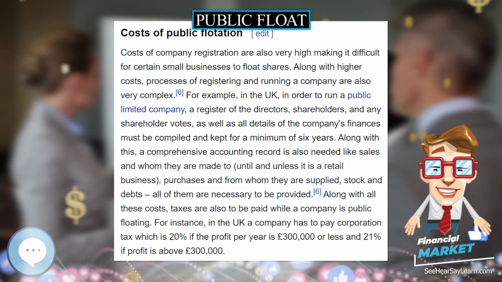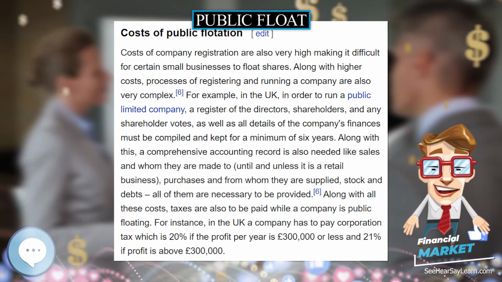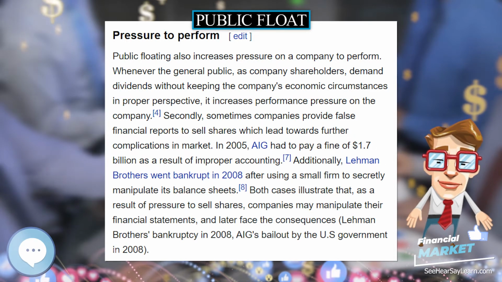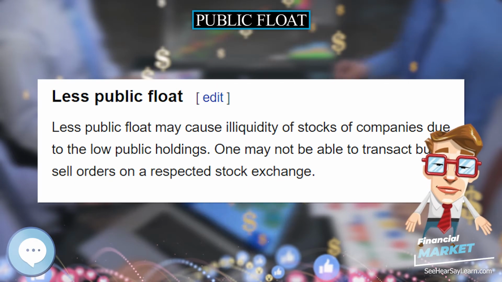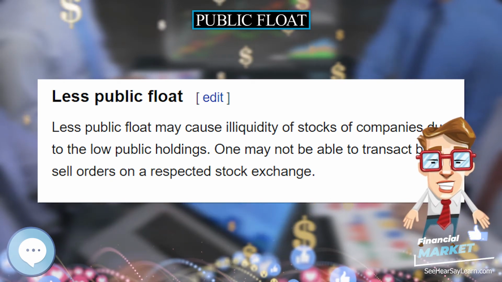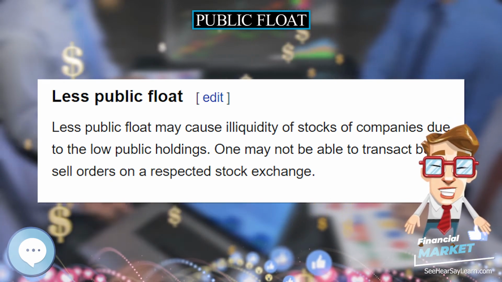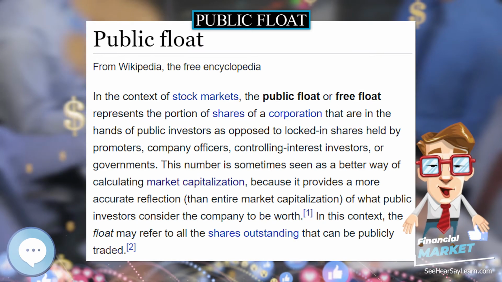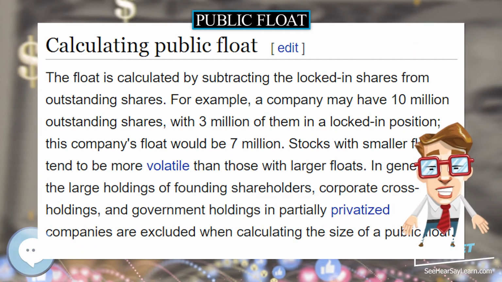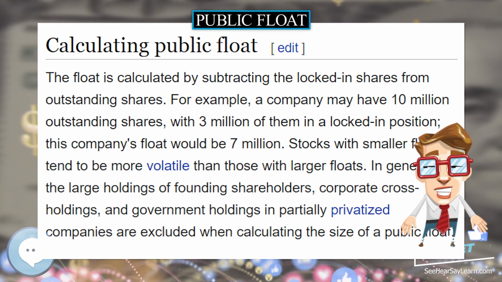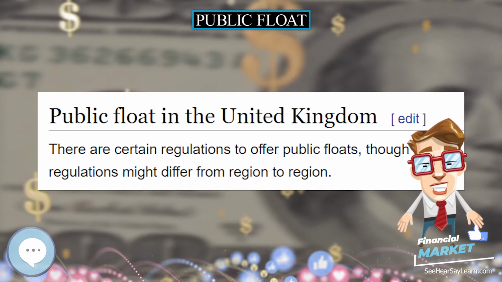Pressure to perform. Public floating also increases pressure on a company to perform. Whenever the general public, as company shareholders, demand dividends without keeping the company's economic circumstances in proper perspective, it increases performance pressure on the company. Secondly, sometimes companies provide false financial reports to sell shares, which lead towards further complications in market.